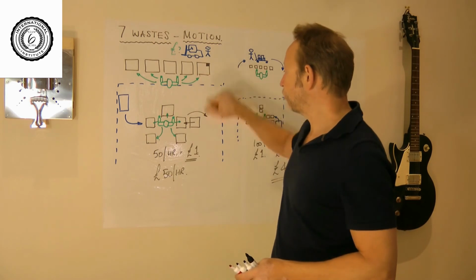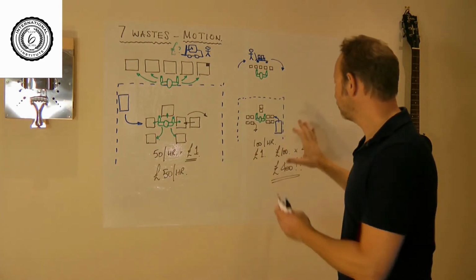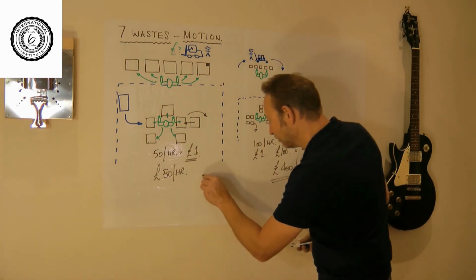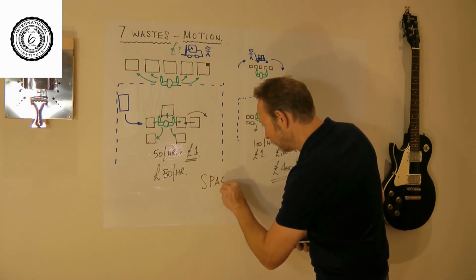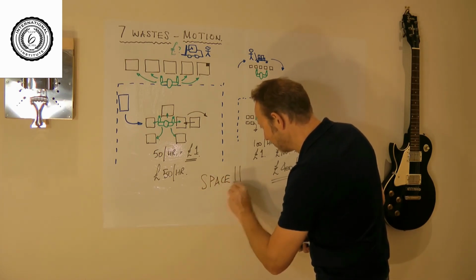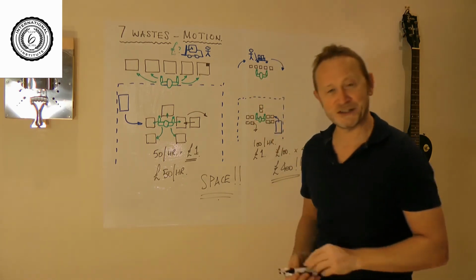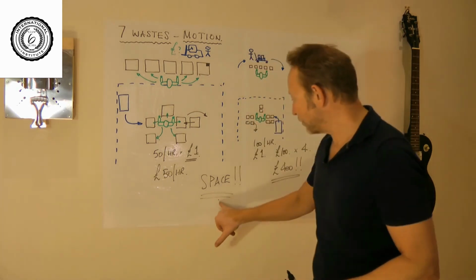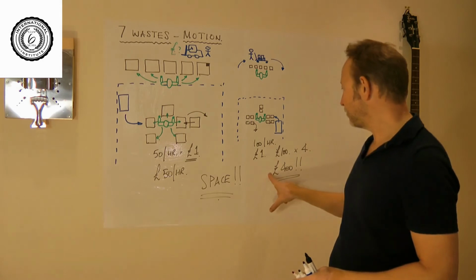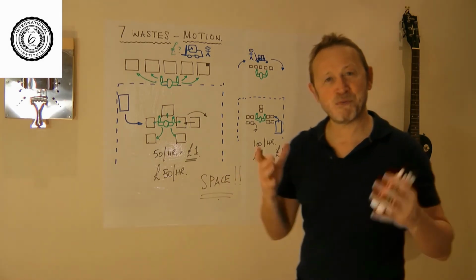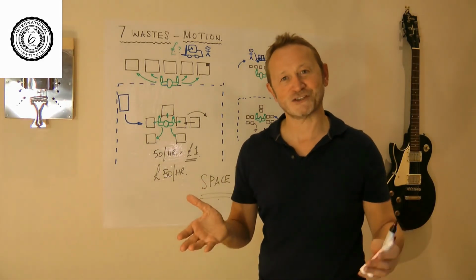So motion, we're trying to optimize the throughput. One thing that's really important, one of the things that lean does, and people don't realize the amount of money in this, they're trying to optimize the space, because with space you can make piles and piles of cash.